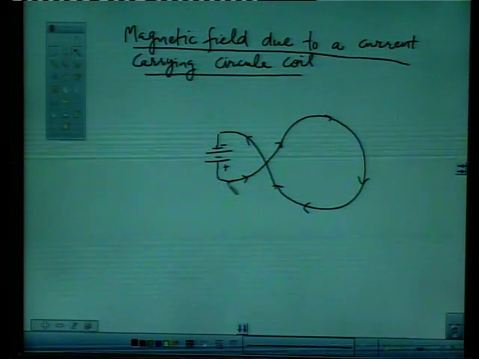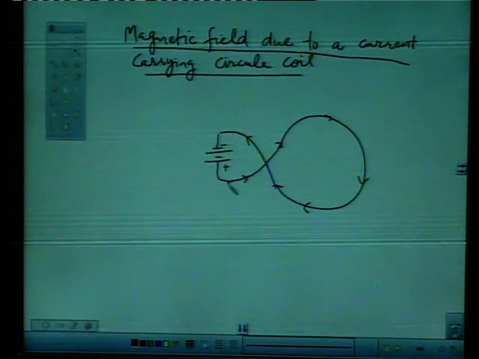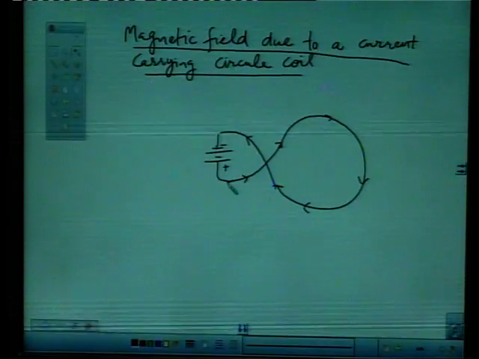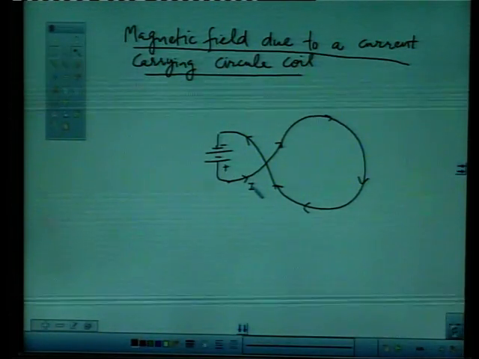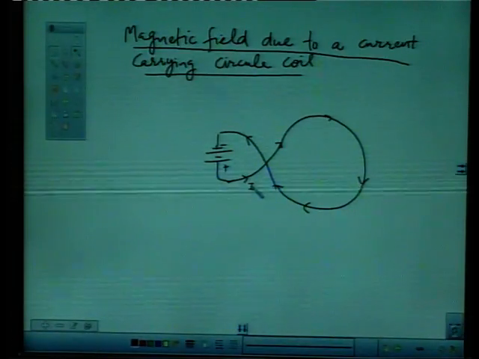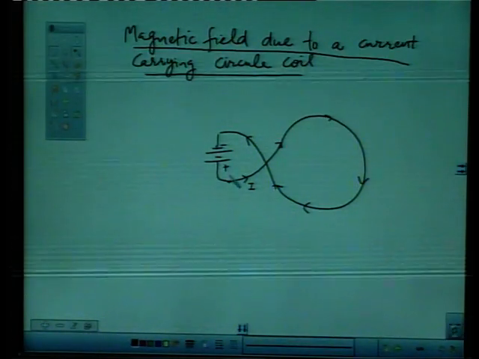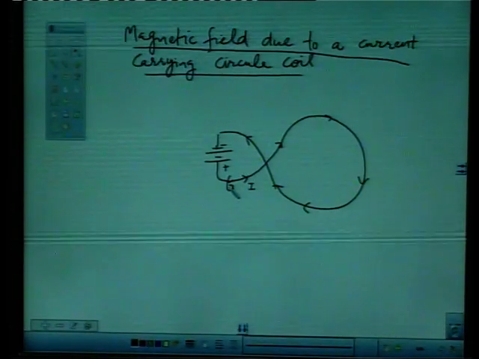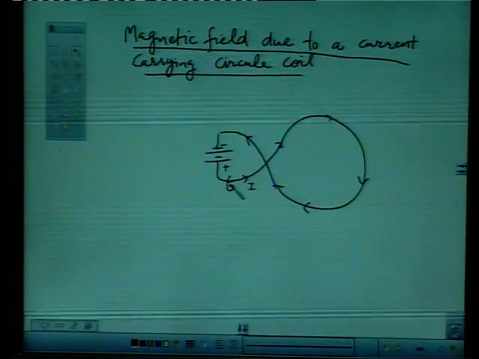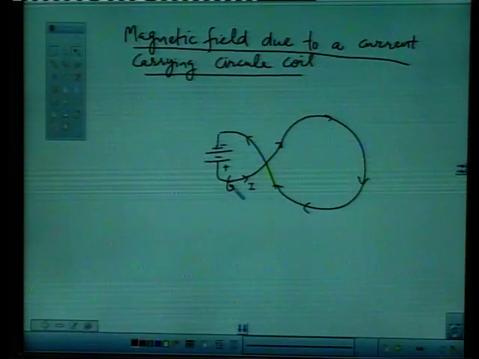Again we will apply the right hand thumb rule. The thumb will give the direction of current I, and if we curl the fingers, they will give us the direction of magnetic field. So, this will be like this, in the form of circular lines around this coil.